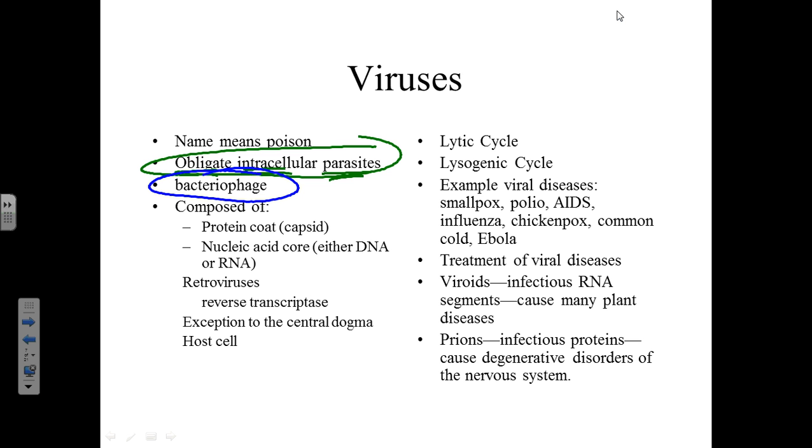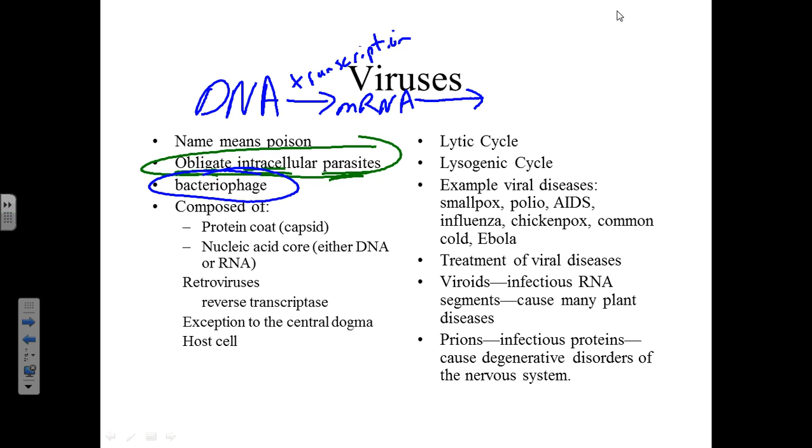We talked about how they're an exception to the central dogma. Remember, the central dogma is the whole genetic process that starts with DNA. That DNA is then used as sort of a template for building what? mRNA. That process, DNA to mRNA, is what process? Transcription. The RNA then leaves the nucleus and it goes out to where? Well, it's going to make proteins, but what actually makes the proteins?